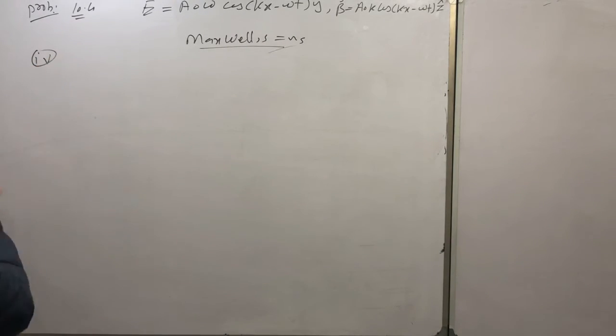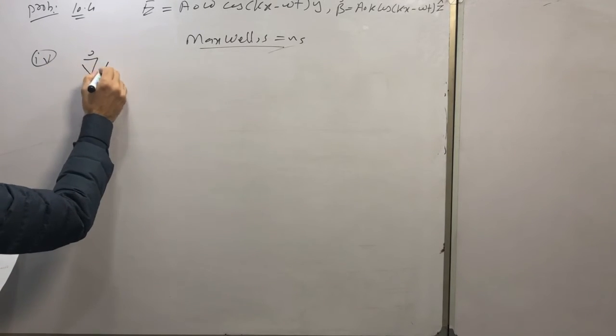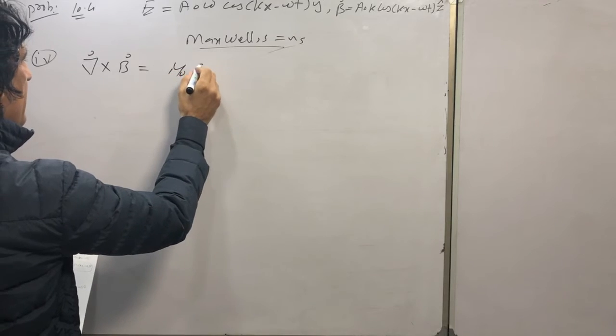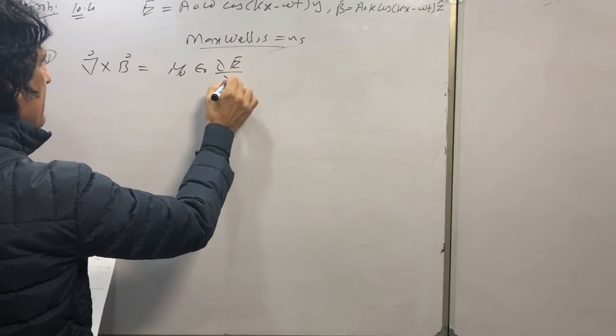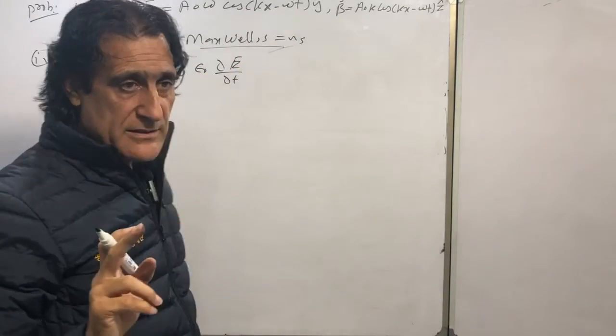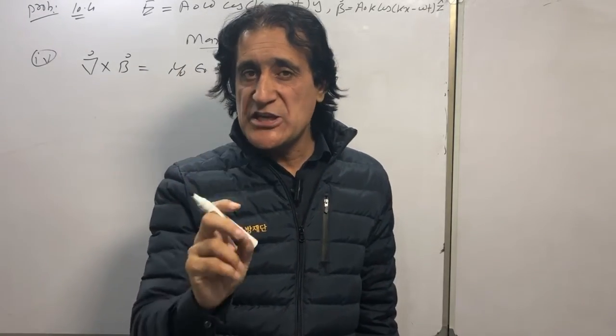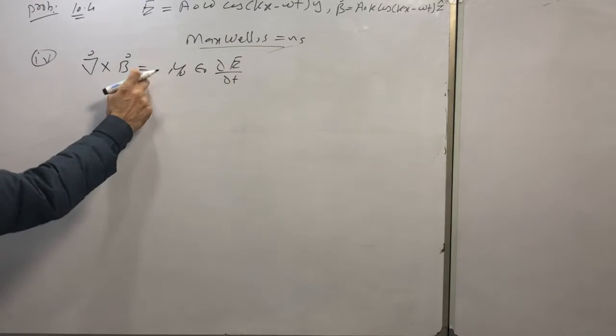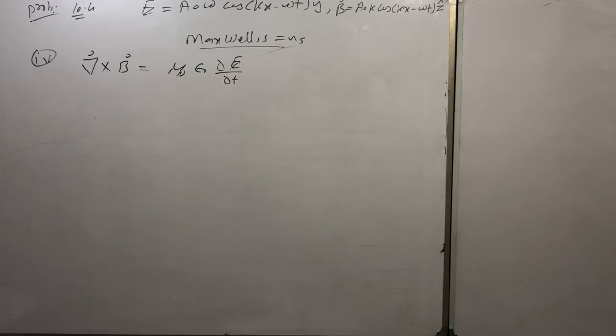The Maxwell fourth equation, del cross B, is equal to mu naught epsilon naught partial E divided by partial t, because there is no mu naught J, because we are working here in free space, so mu naught J is missing here.